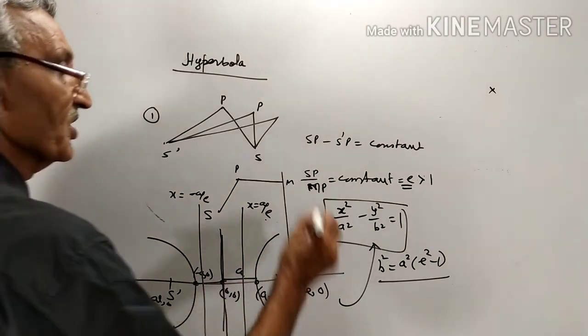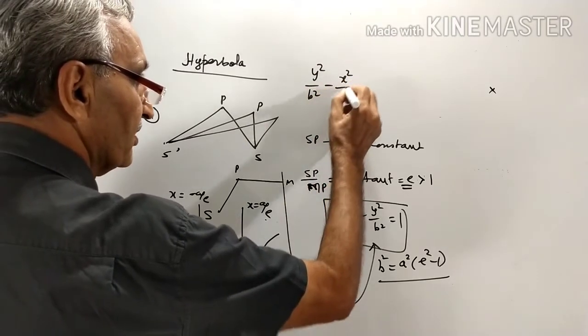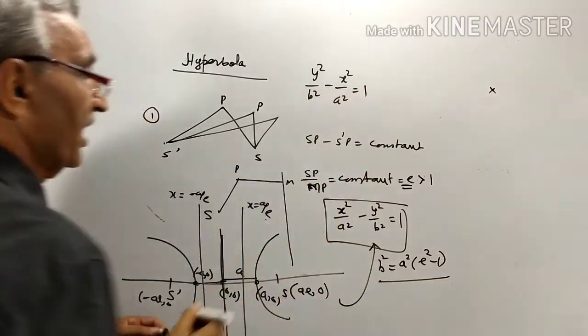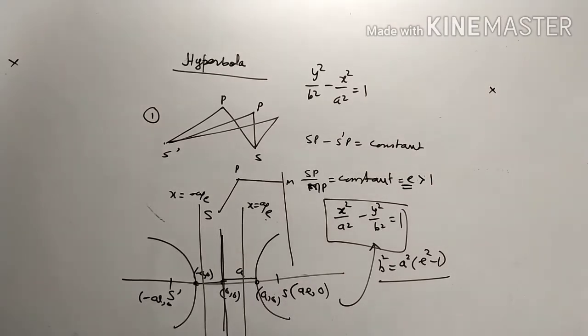If I get the equation like this, y square upon b square minus x square upon a square is equal to 1, the shape of the hyperbola changes. Now, in place of the x-axis, this is the axis.